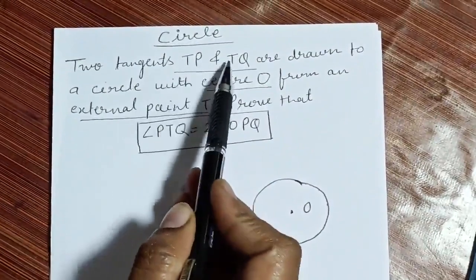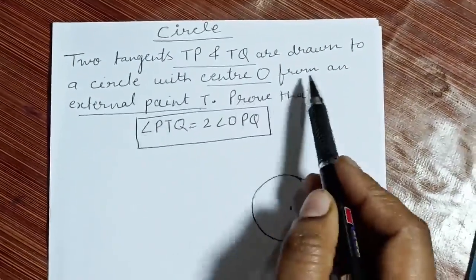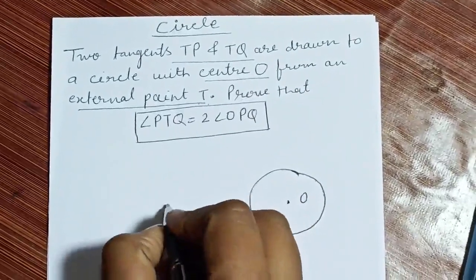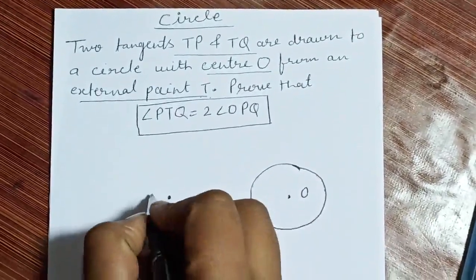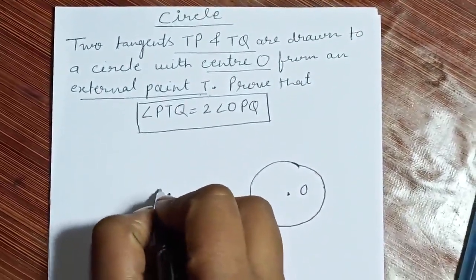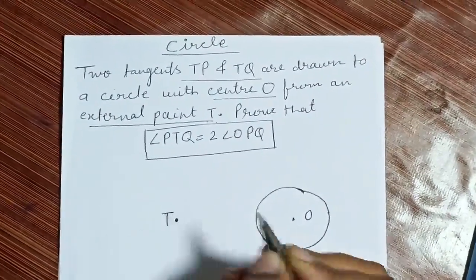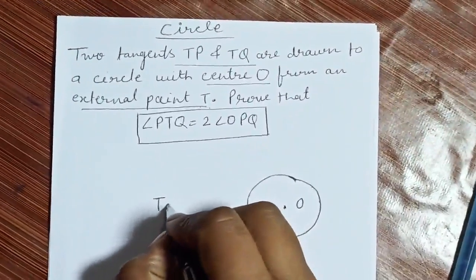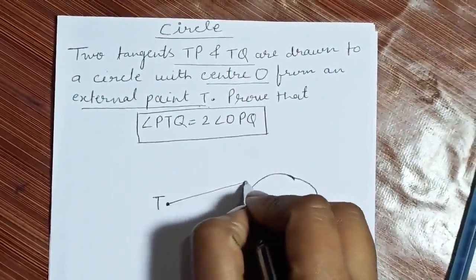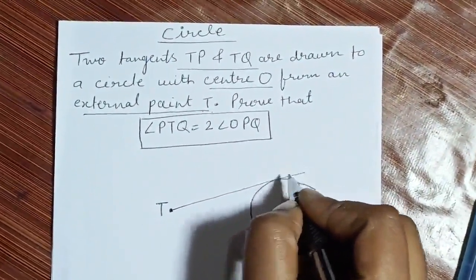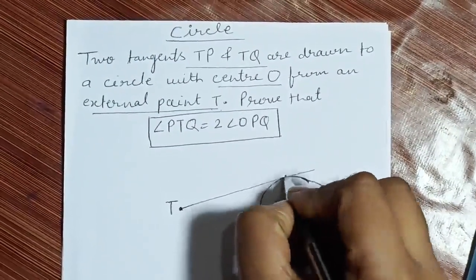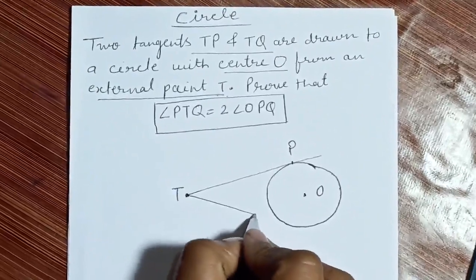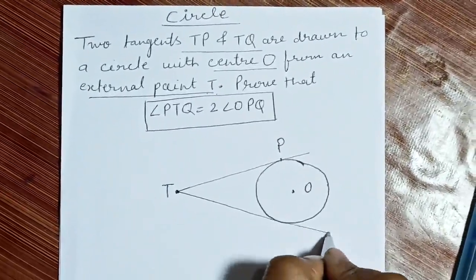Two tangents TP and TQ from an external point T. Let this be an external point, and name it T. And two tangents start from T. Let this be our first tangent, named P, and this is our second tangent, named Q.